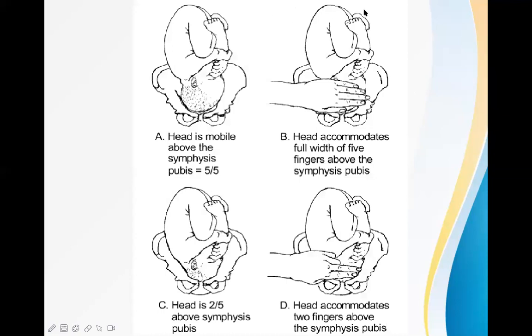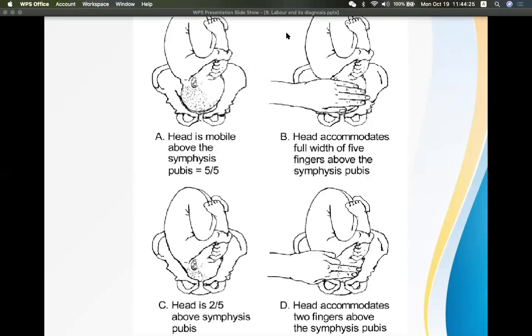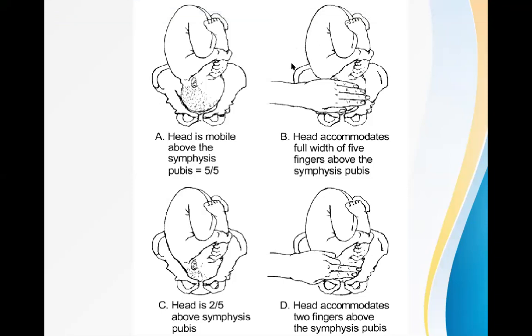Now, all of you, please pay attention to this slide. See here, here is a baby. Okay, this is the presenting part of the baby, that is the head. Now, the head is mobile above the symphysis pubis. It has not entered into the pelvic brim or pelvic inlet or pelvic cavity. We can completely feel the fetal head with our hand.